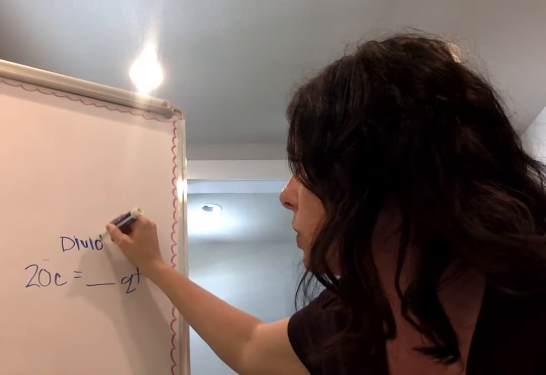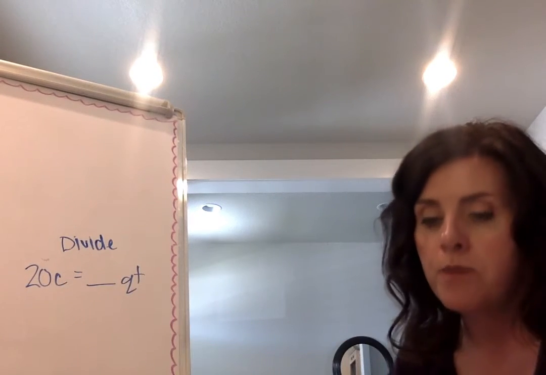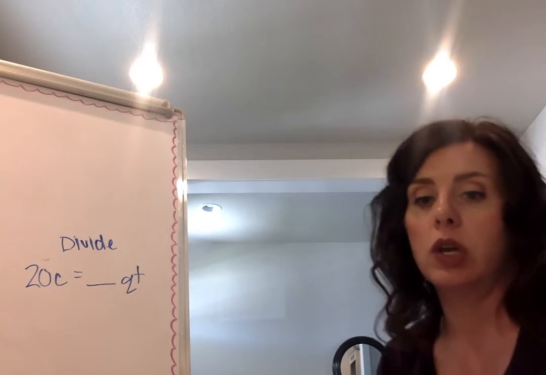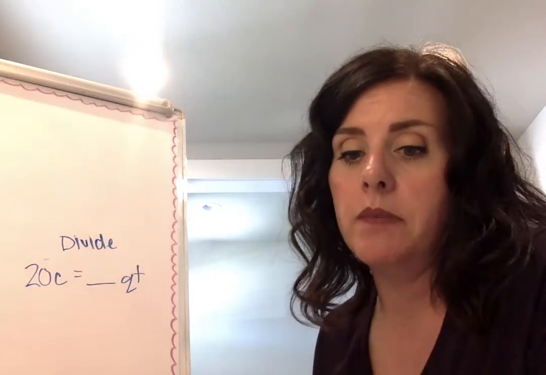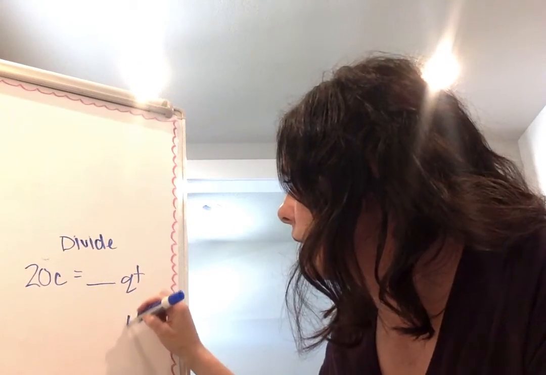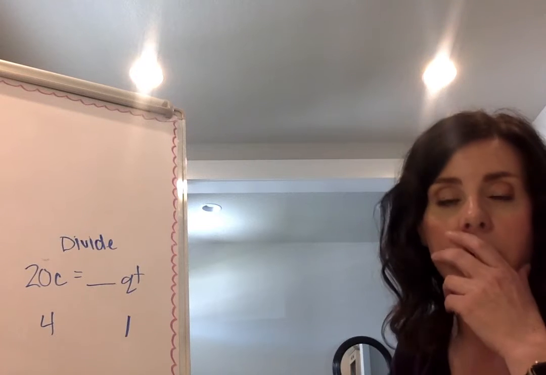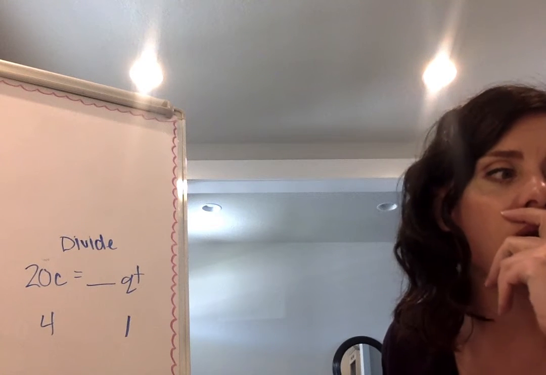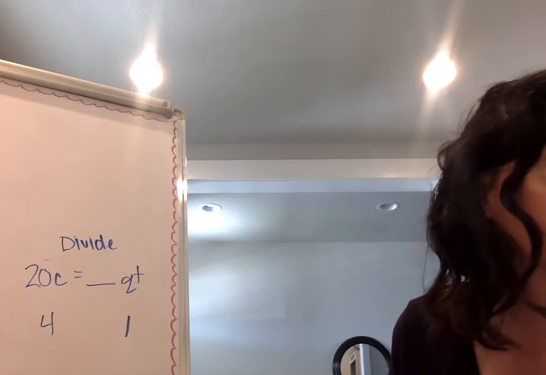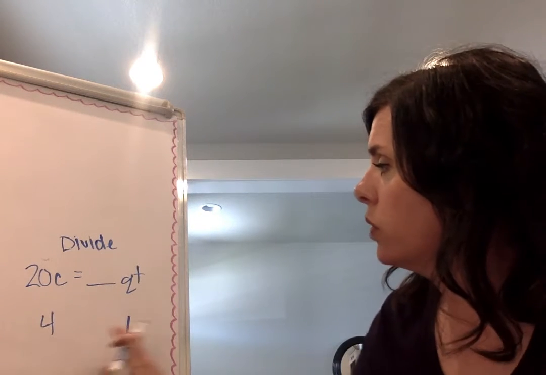We already know that we're going to divide because we're going from a smaller to a larger unit. But let's take a look. So up at the top it tells me that in 1 quart there are 4 cups.